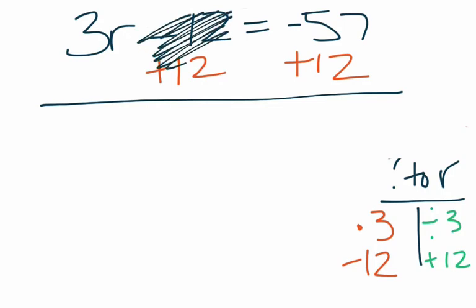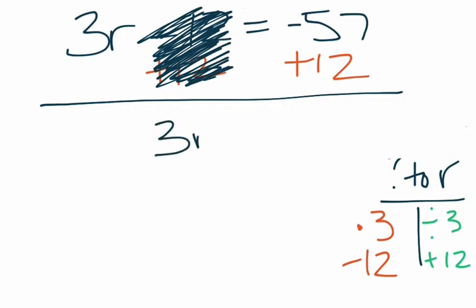These 12s go away, which is what we wanted, which is why we did that. And we're left with 3r equals, and in your calculator, if you take negative 57 plus 12, you should get negative 45. And notice the next thing that we have to do is divide by 3.